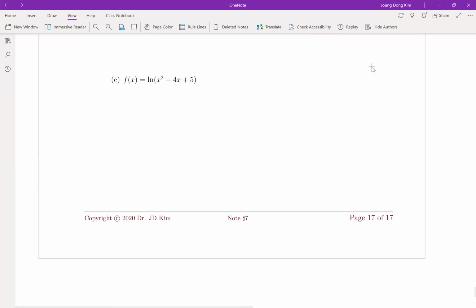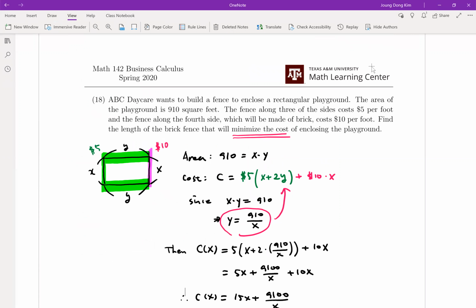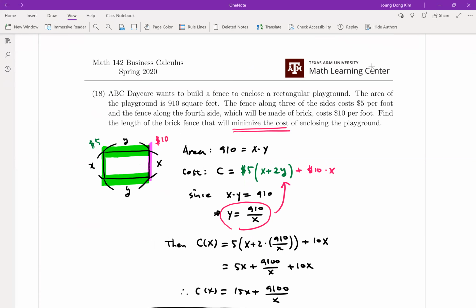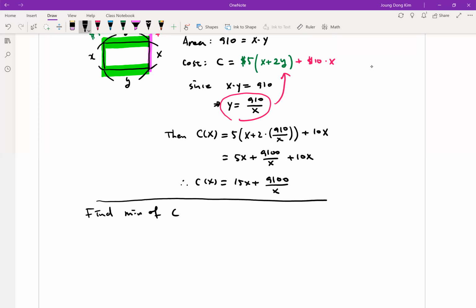So now let me come back to the problem. The main question is to find the minimum of the cost. Since we set up the cost function, now we just have to focus on finding the minimum of C.